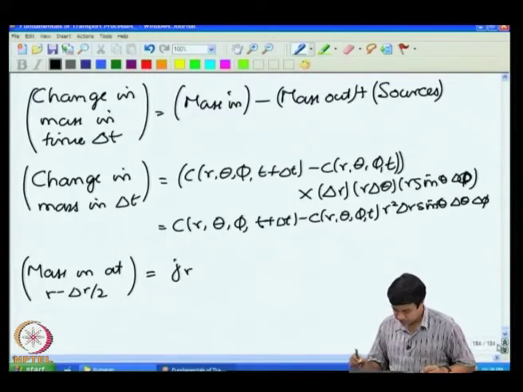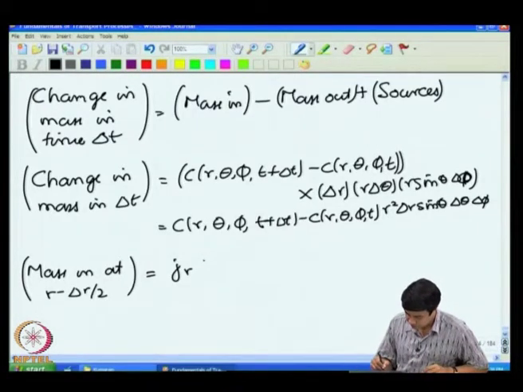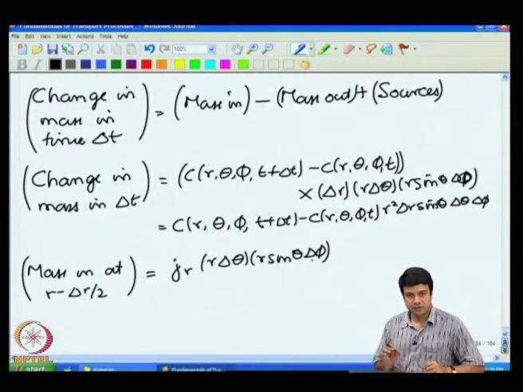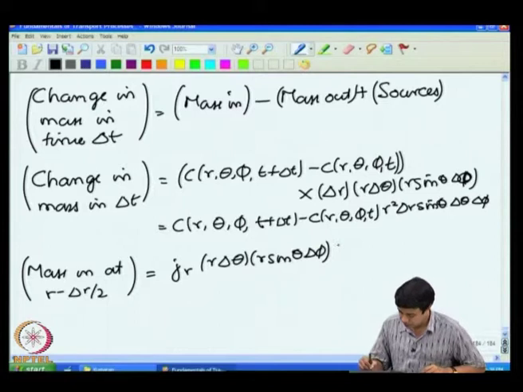Therefore, this is equal to Jr times r delta theta, r sin theta delta phi, times the time. Flux is per unit area per unit time. Therefore, in order to determine the total mass coming in, I have to multiply this by the surface area and multiply it by time. This whole thing is at the surface r minus delta r by 2.